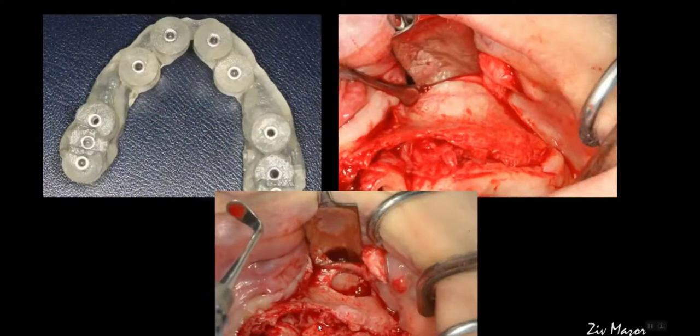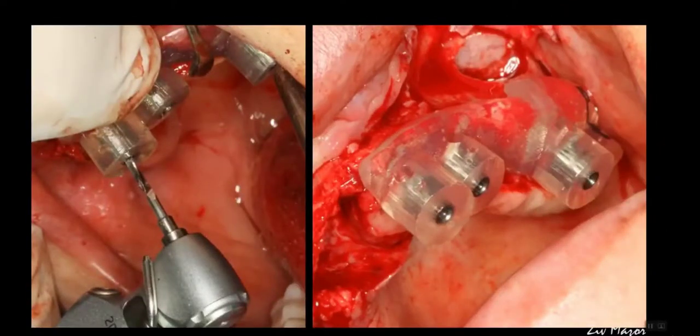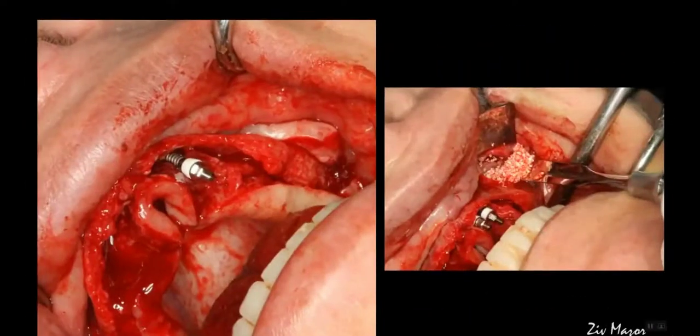So we have a surgical guide. We start to do the sinus elevation here, and you can see the window that was fabricated. You can see the blood vessels that run at the posterior wall, and of course you have to be very careful. Then I sit the surgical guide in the front, and I start to mark where my implants should be.